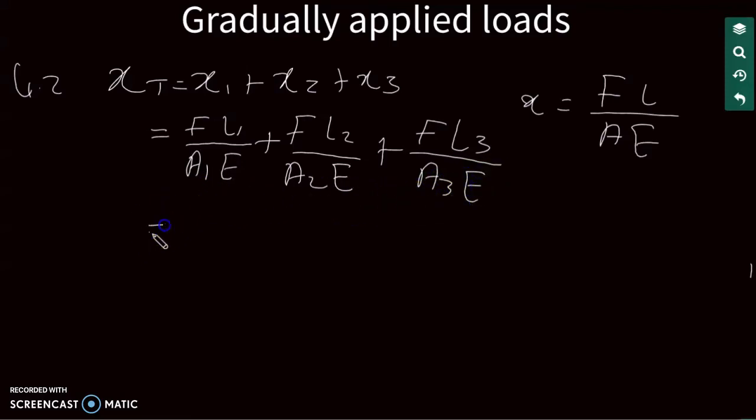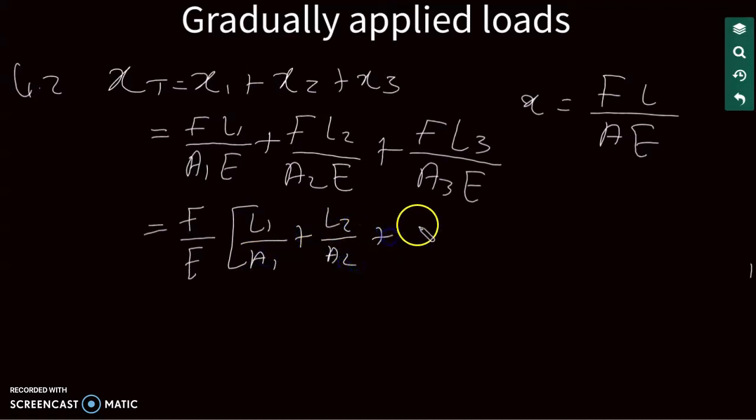And then we are going to say the force and the modulus of elasticity are common throughout, therefore we're going to take them as common factors. In bracket, it's going to be length number 1 divided by area number 1 plus length number 2 divided by area number 2 plus length number 3 divided by area number 3, close bracket.